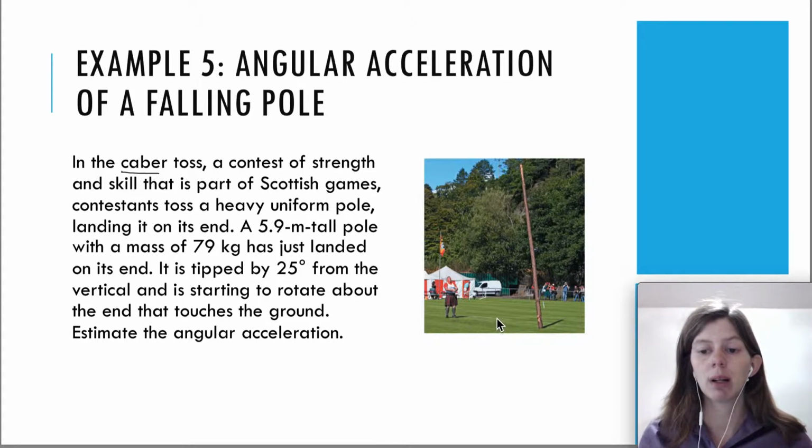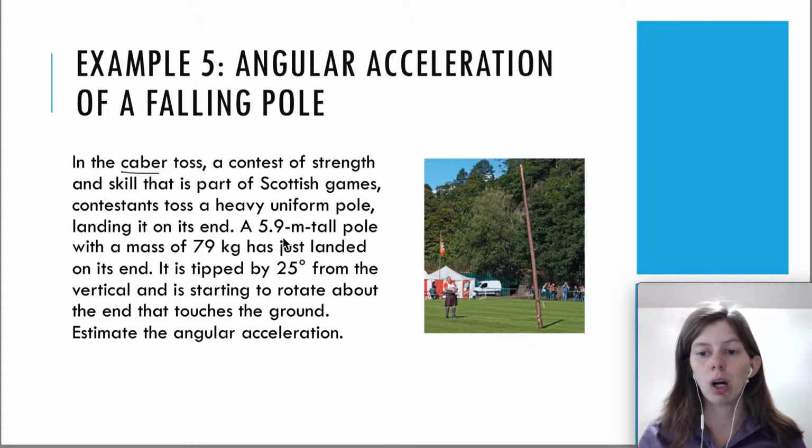Estimate the angular acceleration. It says estimate because we are assuming that it's a uniform pole, that the mass is evenly distributed. But in reality, there's not going to be perfectly even distribution of the mass. We need uniform distribution of the mass in order to be able to use our equations for moment of inertia.